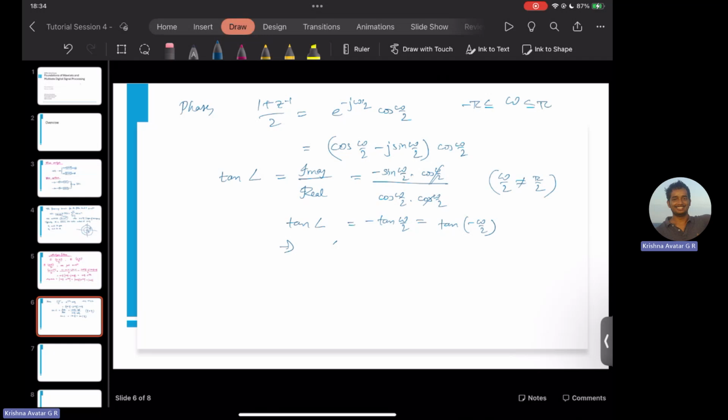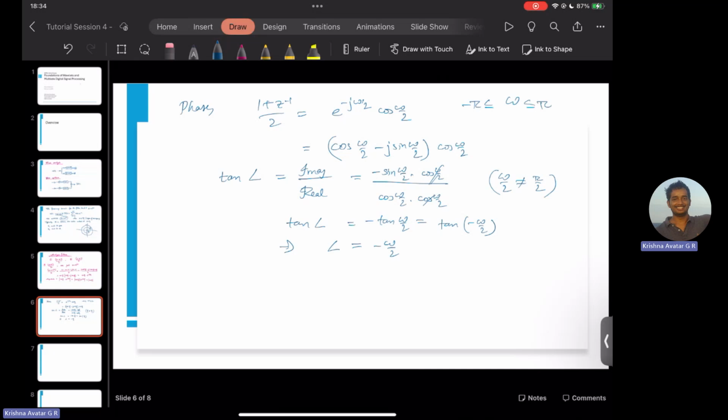This implies that the angle is equal to, you can just cancel out tan, like tan inverse of tan. Within this range of omega, it will just be minus omega by 2. And this is what we call the phase, or the phase of this frequency response.